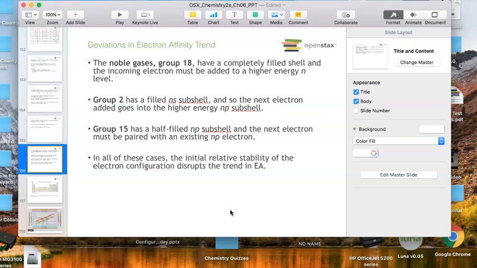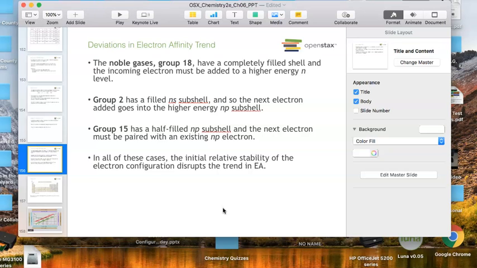There are some deviations in the electron affinity trend. The noble gases in group 18 have a completely filled shell, and the incoming electron must be added to a higher energy level. And so, of course, they don't want electrons, so they would have a very low electron affinity. Group 2 has filled S subshells, and so the next electron goes to a higher energy P subshell.